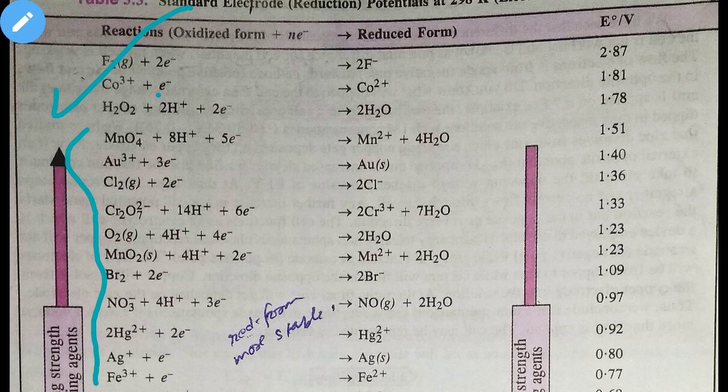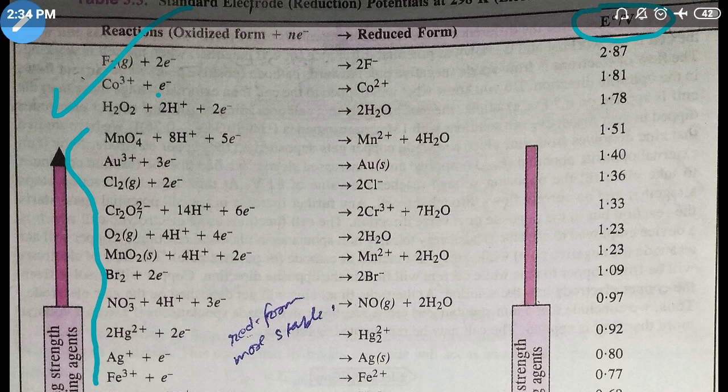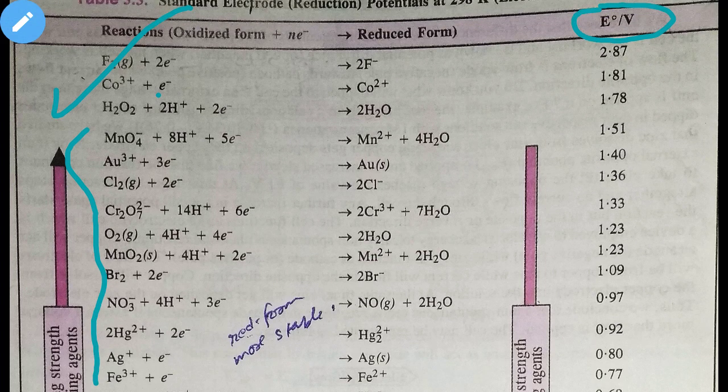This is the standard electrode potential for fluorine, and this is in volts. We already know that the cell potential or electrode potential is measured in volts, right?